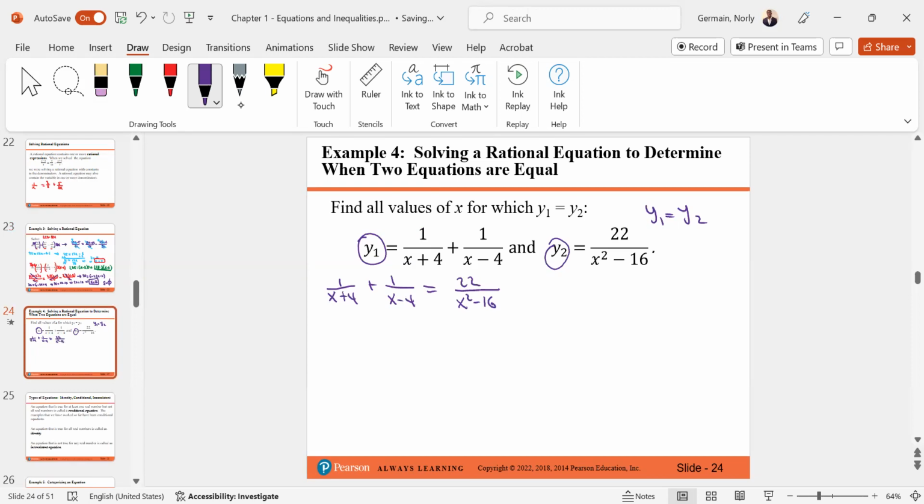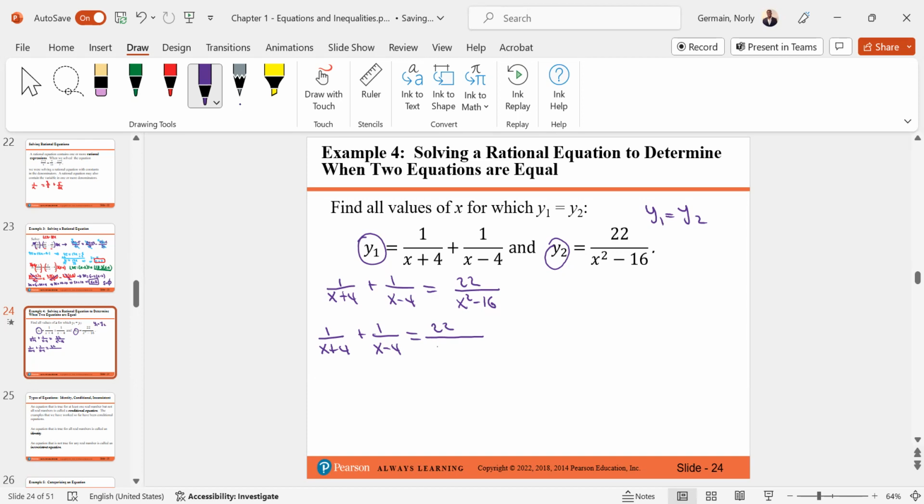When we have x squared minus 16, it's very difficult to identify the least common denominator. The best thing to do is to factor that binomial. So we have 1 over x plus 4 plus 1 over x minus 4. On the right, x squared minus 16 is the same as x squared minus 4 squared.